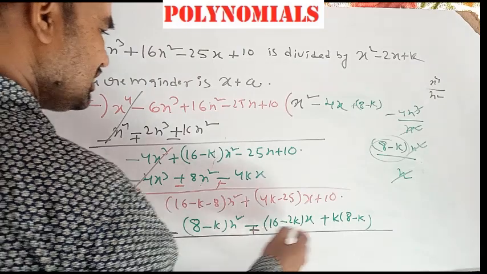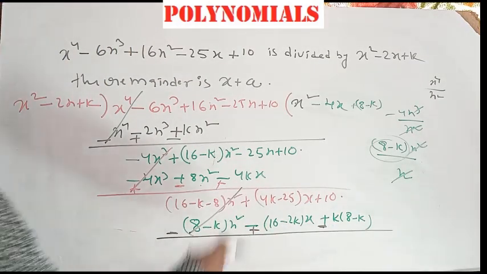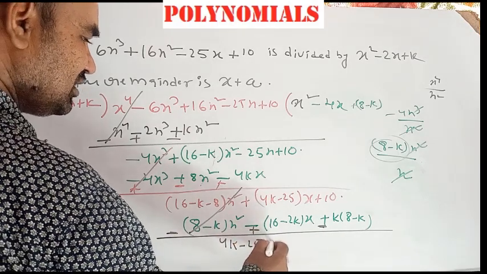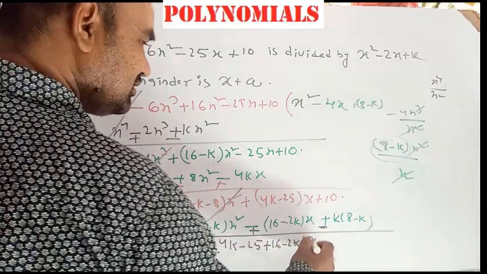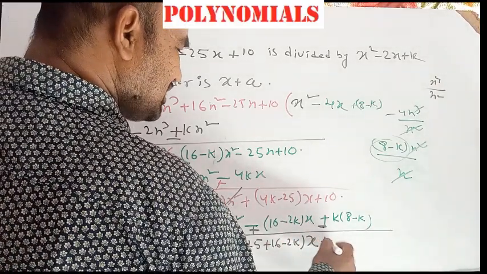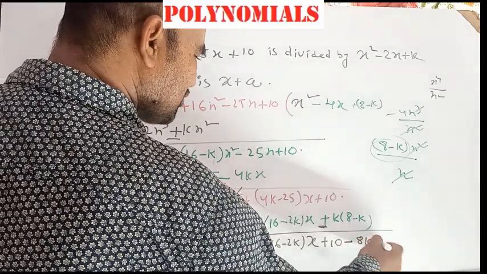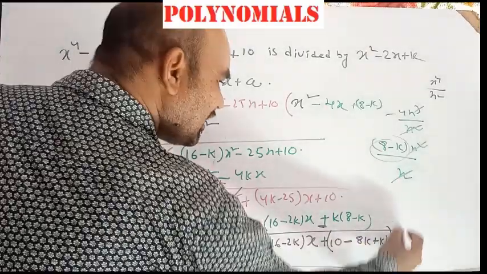Minus, plus, minus, these two get cancelled. Here, plus (4k - 25 + 16 - 2k) of x, plus 10 - 8k + k^2. Now I can say this is the remainder.